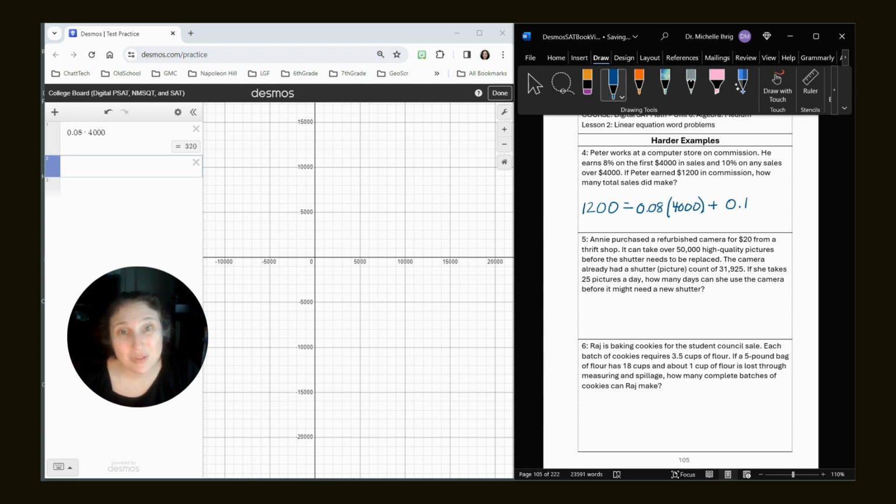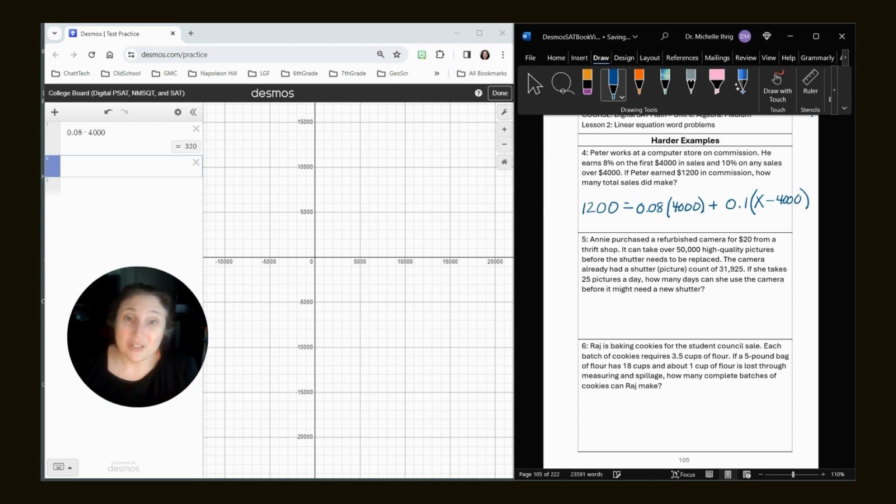It would be 10% of $6,000 because we have to subtract the $4,000 that he already made 8% on. So we're going to have the 0.1, and we're going to have however many total sales he made, but we have to subtract the $4,000 that we already gave him credit for.